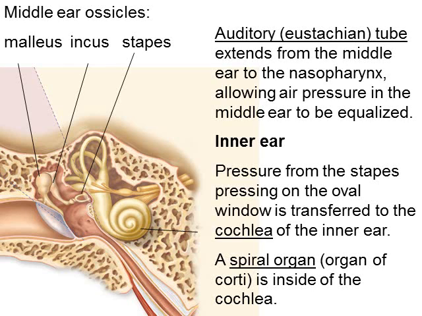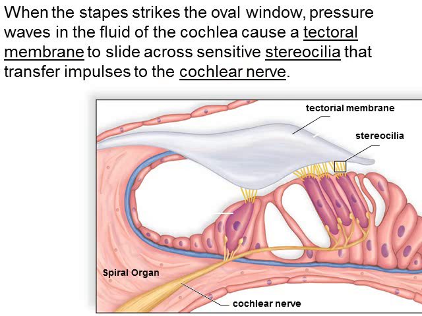Inside the cochlea is a spiral organ, sometimes called the organ of Corti, and let's take a look at that. Here it is. This is inside that cochlea. There is a tectoral membrane, and when the ossicles of the middle ear are moving because of sound, they're going to press on the oval window, then that is going to slide the tectoral membrane across stereocilia.